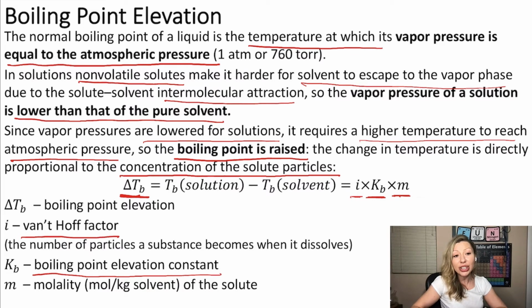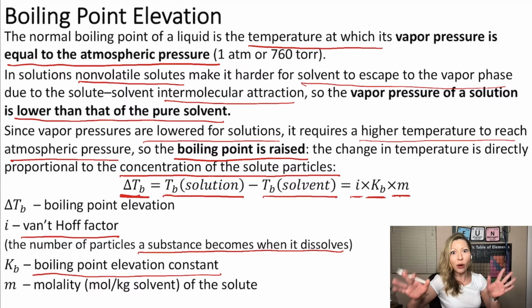And this factor just tells us how many particles we are going to get when a substance dissolves. Overall, this equals the boiling point of the solution minus the boiling point of the solvent. Okay, I hope this makes sense.